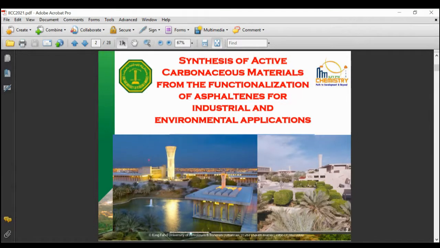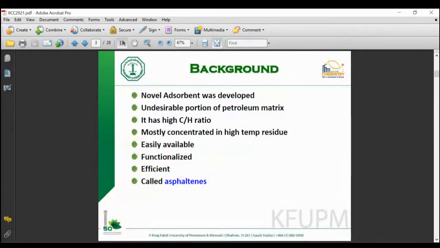So what are the asphaltenes, if we need to define? It was a novel adsorbent, developed from the undesirable portion of the petroleum matrix, which is asphaltene.